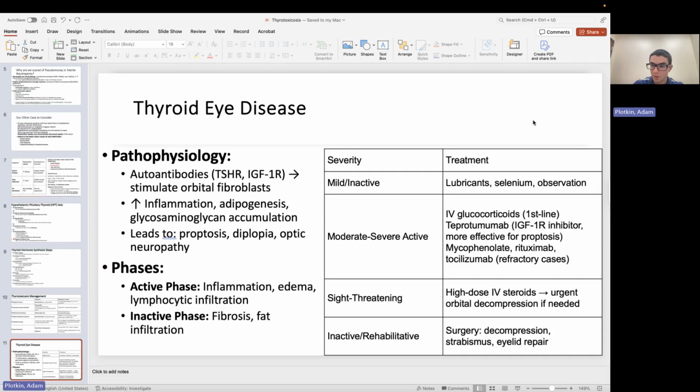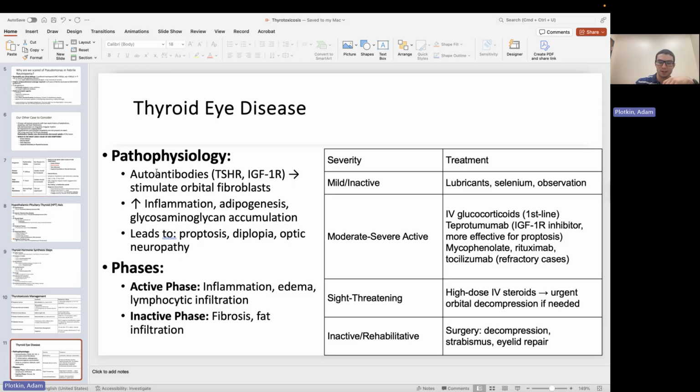All right, thyroid eye disease really quick. The pathophysiology: we get autoantibodies against the TSH receptors or IGF-1 receptors that stimulate the orbital fibroblasts. This classically occurs in Graves' disease because we make these thyroid stimulating immunoglobulins that not only stimulate the thyroid gland, they can go up to my eye fibroblasts and stimulate those fibroblasts.